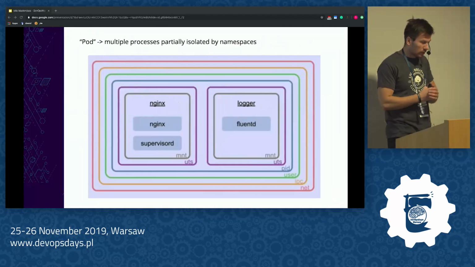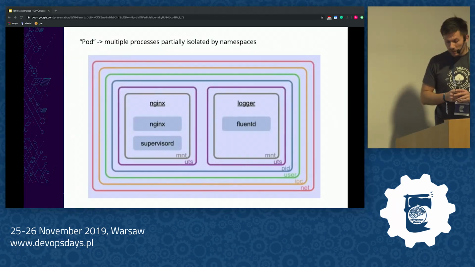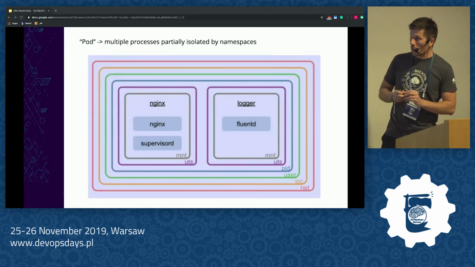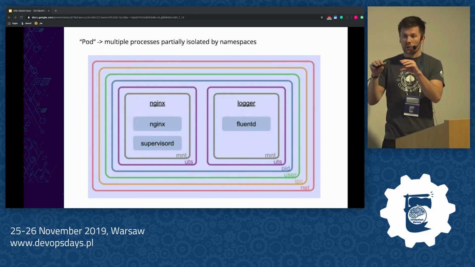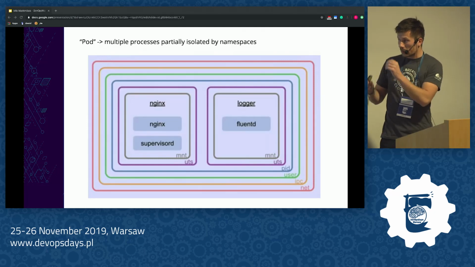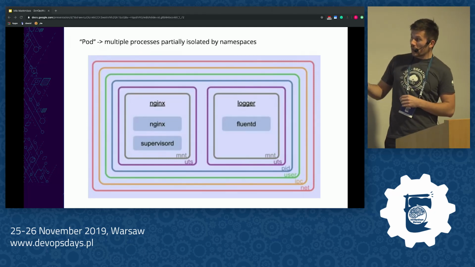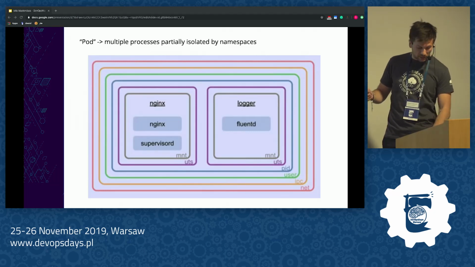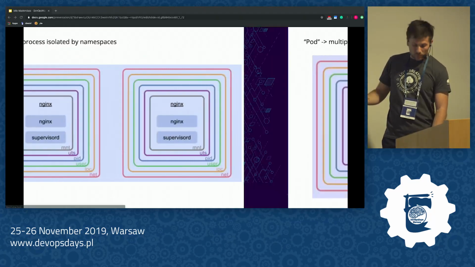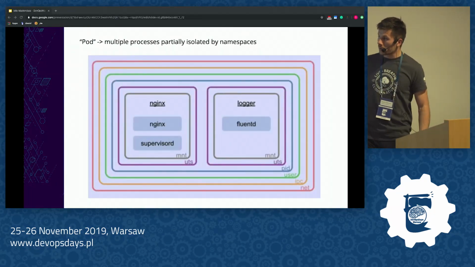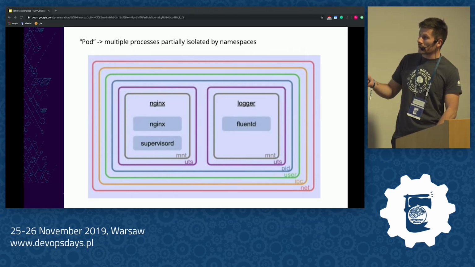And now what a Kubernetes pod is, that's a bit of a different story. People used to say that a Kubernetes pod is just a way of grouping containers, but it's not the case actually. If that were the case, then they would all still be separated the same way, and we would just put something on top to group them. But what happens in reality is that they are separated by some namespaces, but they share other namespaces.